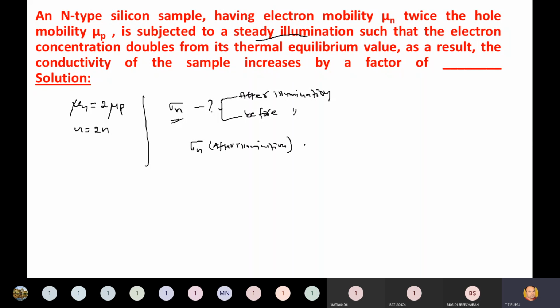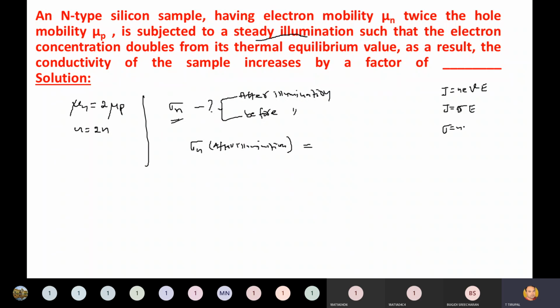What is the formula for sigma? J is equal to n e v. J is equal to sigma E. Sigma is called conductivity.